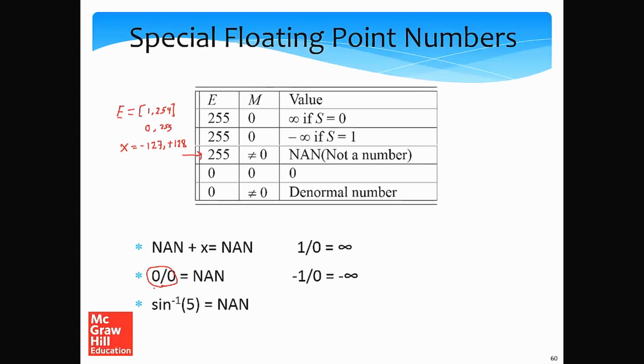In the IEEE format, we sadly have two representations for 0, which is not desirable, but this is still there. If E is equal to 0, which is one of the special cases that we had excluded, and the mantissa is 0, then the value is 0. Of course there are two representations. The sign bit can either be 0 or 1.